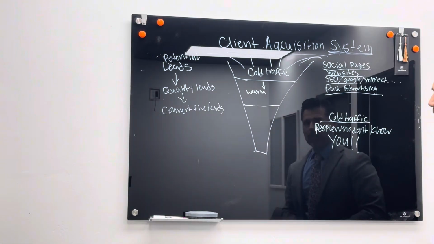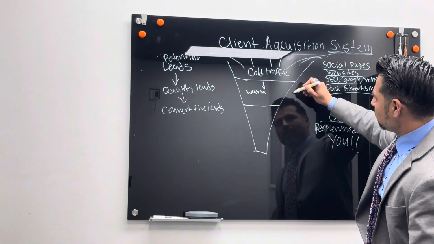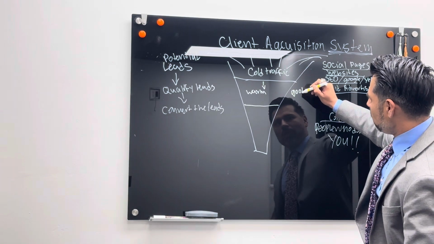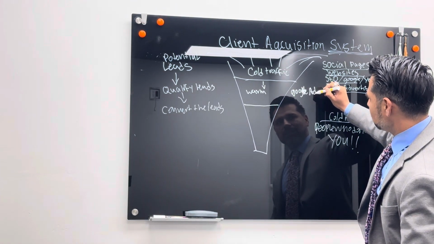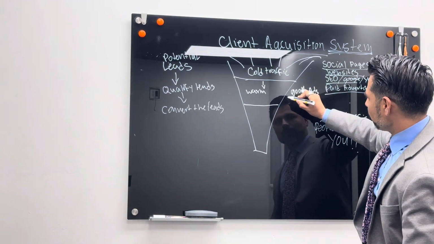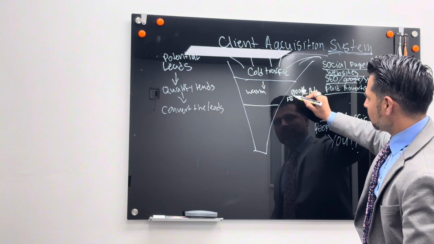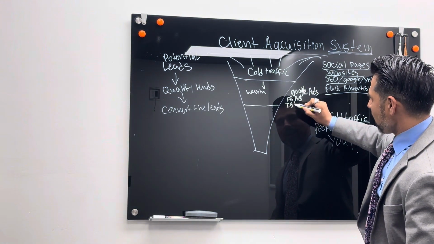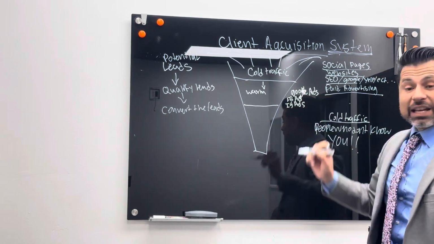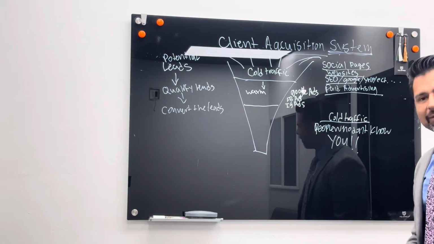Well, the way we get them warmer in our funnel is through Google Ads. It's basically Facebook ads, IG ads. But it's not just any type of ad. I mean, we already got people in the cold traffic through our paid advertising, right?